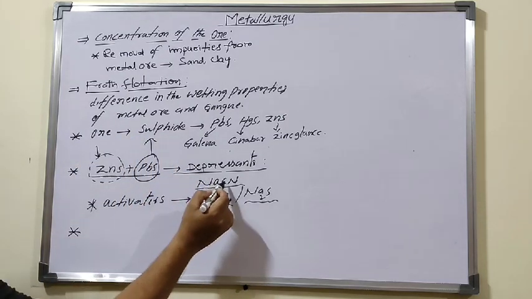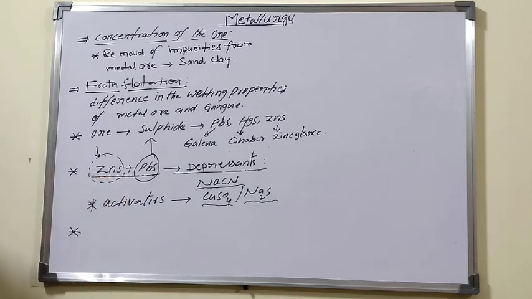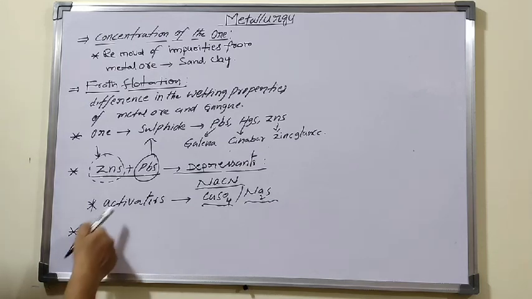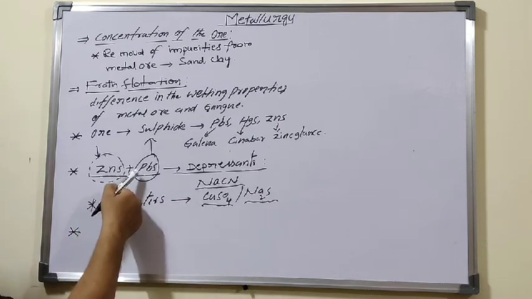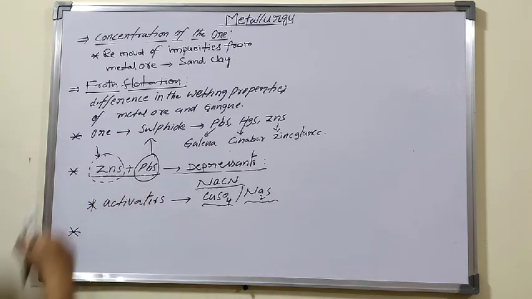So the depressant will stop it from moving along with the froth. These activators will help the ore move along with the froth. So like this, depressants and activators we are using.